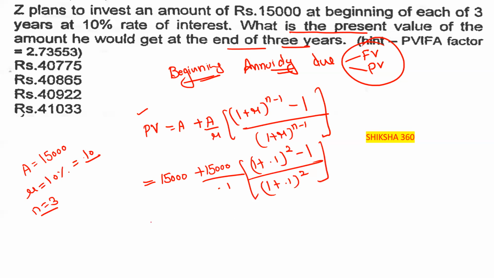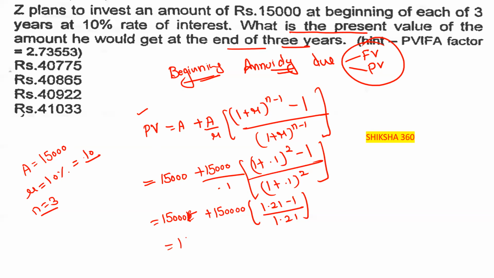That is 15,000 plus 1,50,000 into 1.1 power 2, which is 1.21, minus 1 upon 1.21, into 1,50,000.